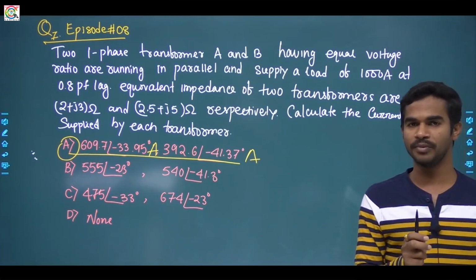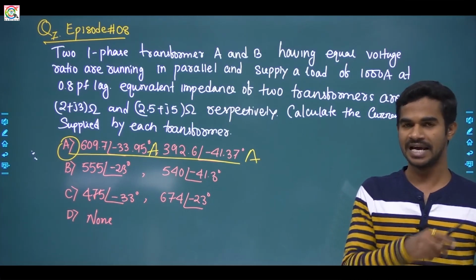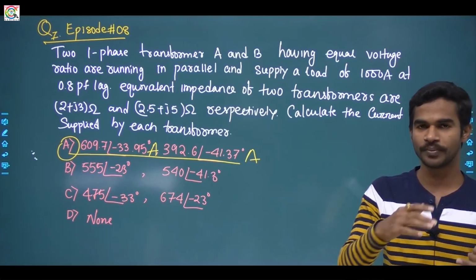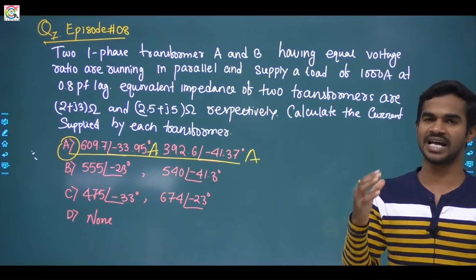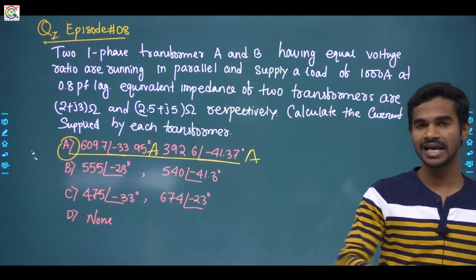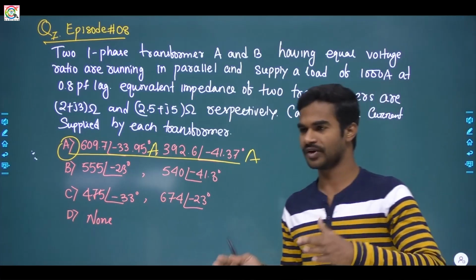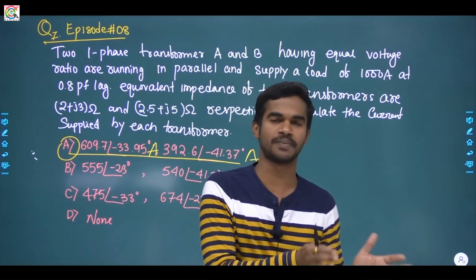We have completed all these basics and the performance indices. Now I discussed a question on the parallel operation, and I hope in the next class I may discuss another question on the parallel operation of transformers, and then we'll move to the 3-phase transformer. So this is a very sequential order in order to revise the transformer topic.